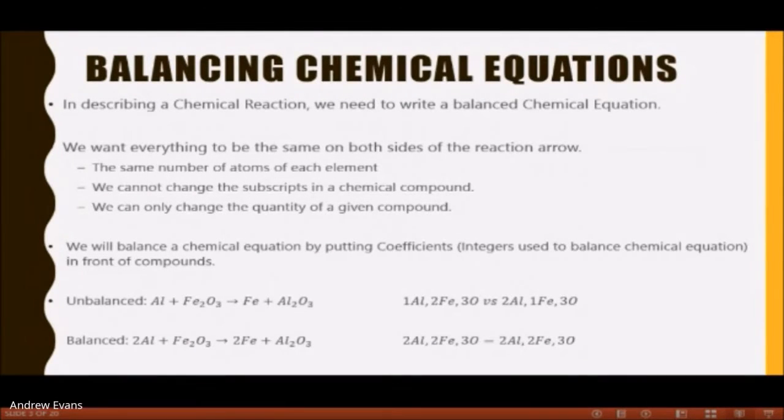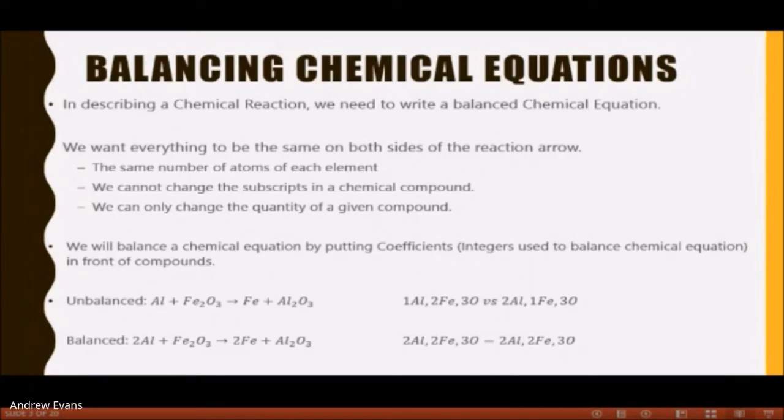Now, when we balance a chemical reaction, we want everything to be the same on both sides, the same number of atoms. We cannot change the subscripts on a chemical compound, because if I change that Fe2O3 to anything else, like FeO or Fe3O4, we have a completely different compound.